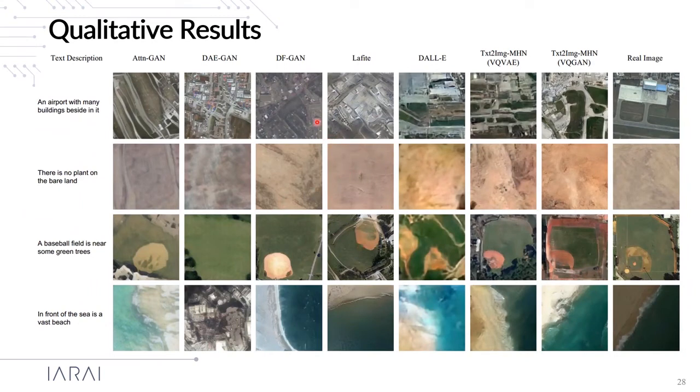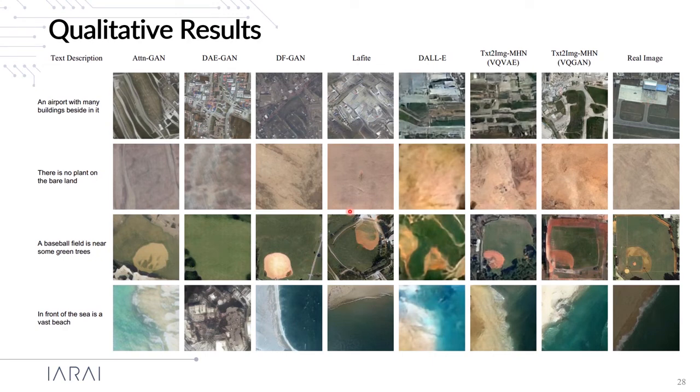These are the generation results of different methods given these text descriptions. You can see that the existing methods like DF-GAN and LAFITE can generate images with a very similar visual appearance style compared to the real images.